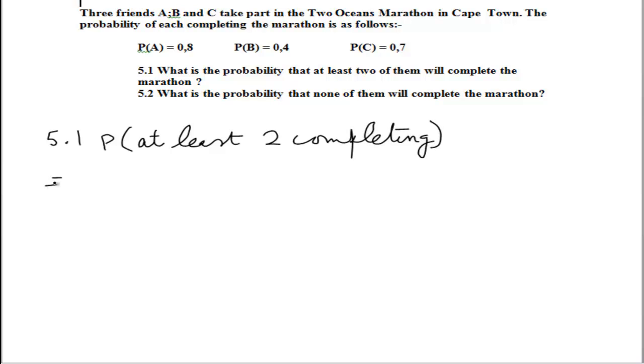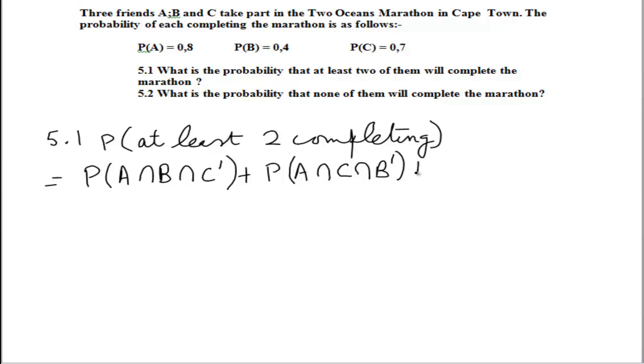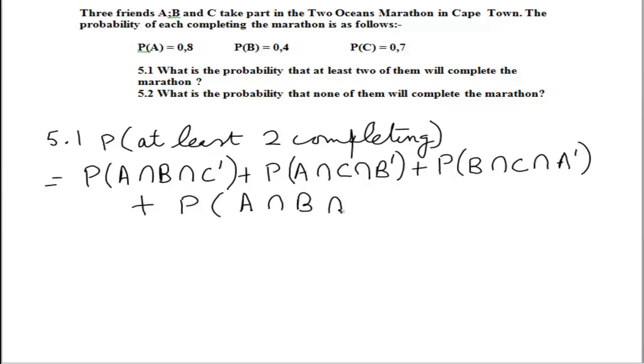So the probability of at least 2 completing the marathon is equal to the probability that A will complete, B will complete, and C will not complete, plus the probability of A completing, C completing, and B not completing, plus the probability of B completing, C completing, and A not completing, plus the probability of A completing, B completing, and C completing.